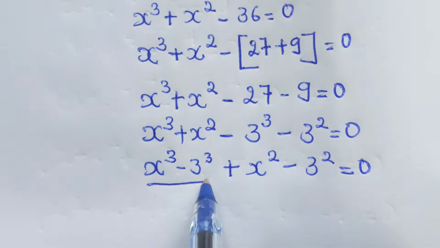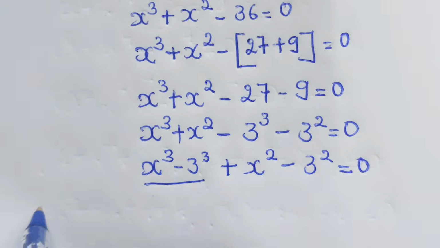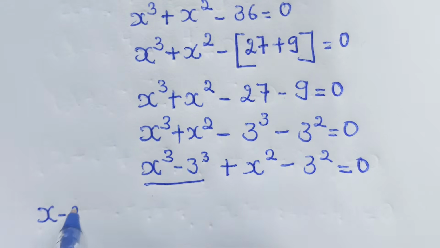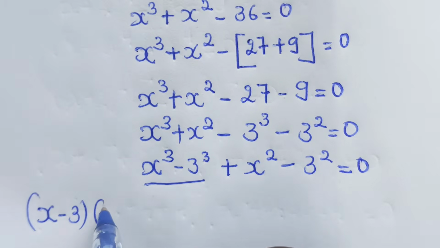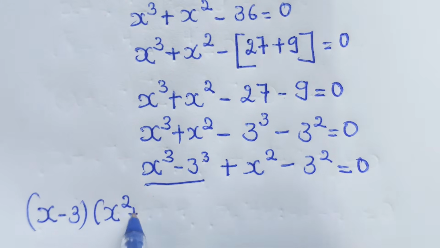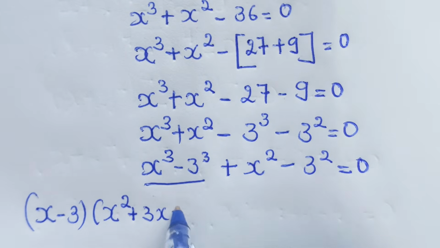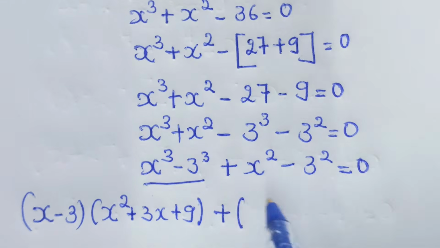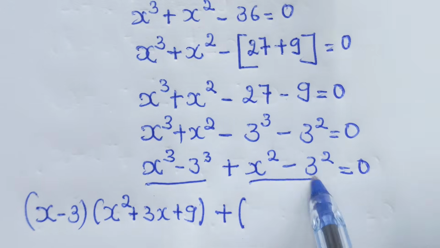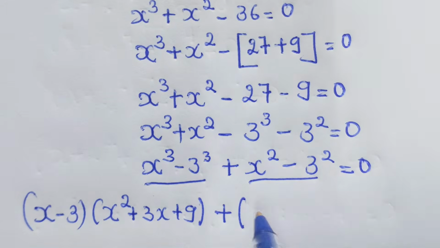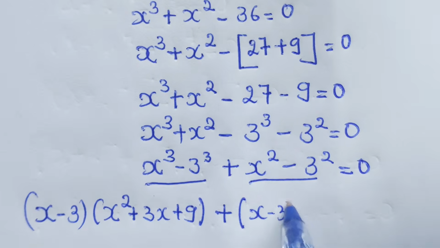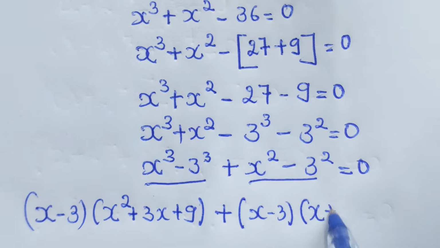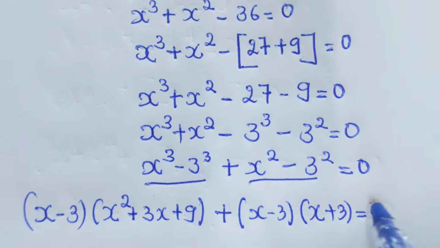This one is equal to (x - 3)(x^2 + 3x + 9), then plus, if you see nicely, this is a difference of two squares, so (x - 3)(x + 3) equal to 0.